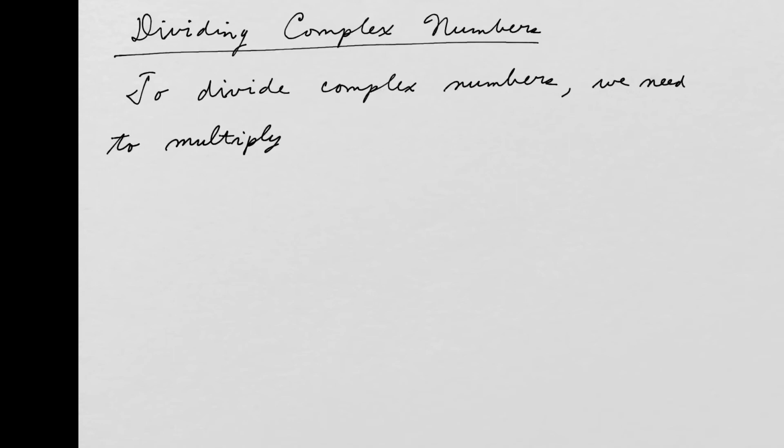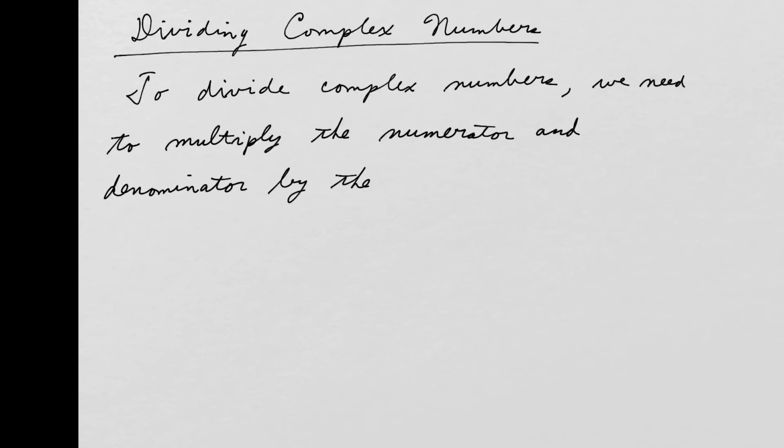I'll explain what that is in a second. So we need to multiply the numerator and denominator by the complex conjugate of the denominator.